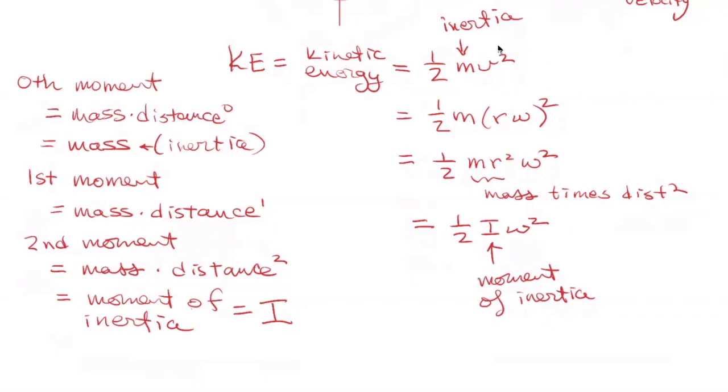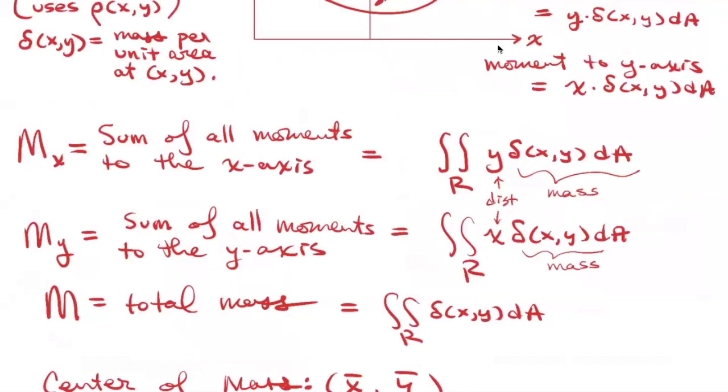Just to remind you what the formulas for moments are, here are the formulas for moments. Mass is mass density times area. These are two-dimensional objects right now. Mass, again, is mass density times area, but then distances are distances from either the x-axis or the y-axis. By the way, y is the distance from a point to the x-axis, and x is the distance to the y-axis.